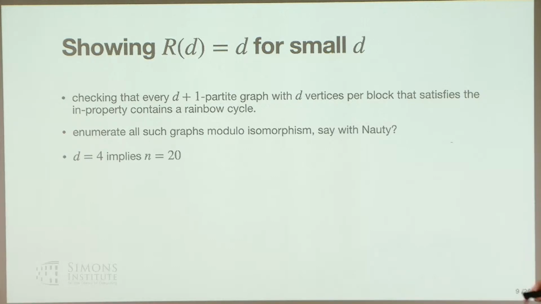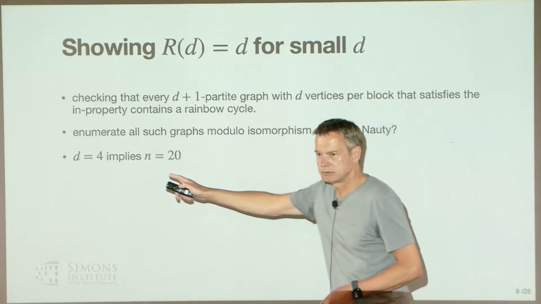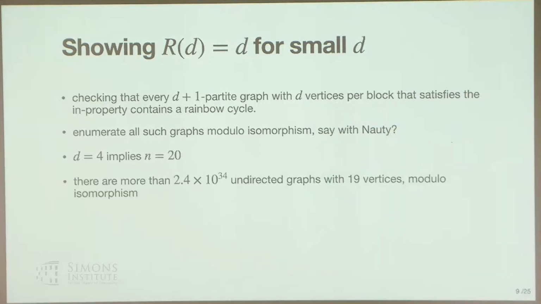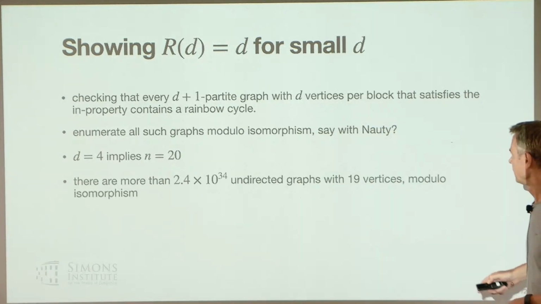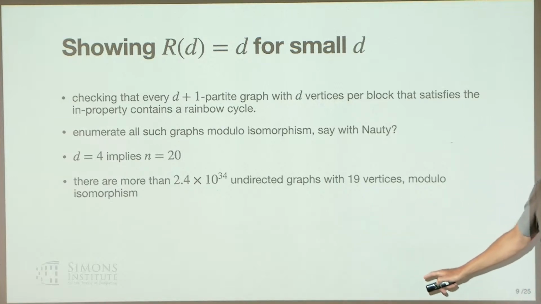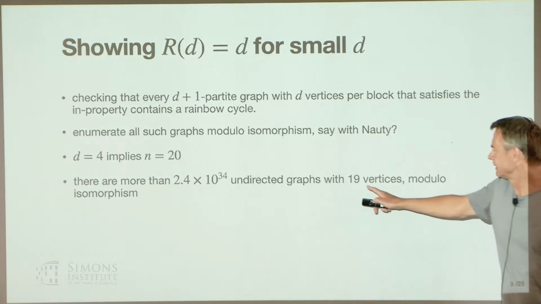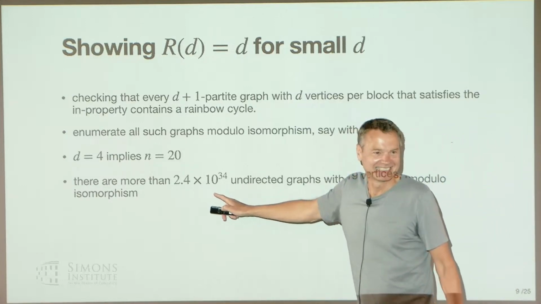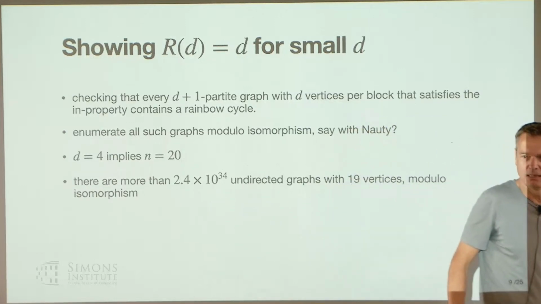However, when you want to solve the case with d equals 4, the number of vertices is 20. And when you look at the Online Encyclopedia of Integer Sequences, it's only listed up to 19 vertices, and already there the number is quite large.